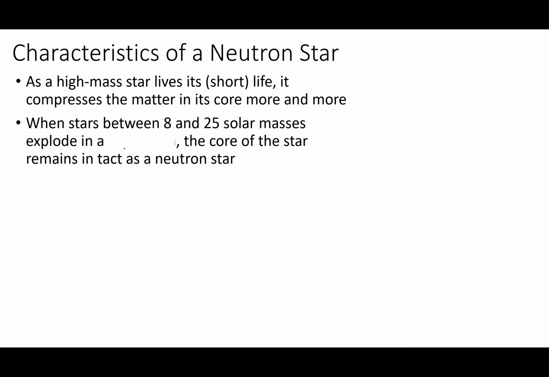So let's just kind of talk briefly about if a star does blow up, a massive star, more than 8 solar masses, high mass star blows up. What is the nature of those two objects that we might end up with? So a neutron star. Well, you've probably heard of neutrons before.